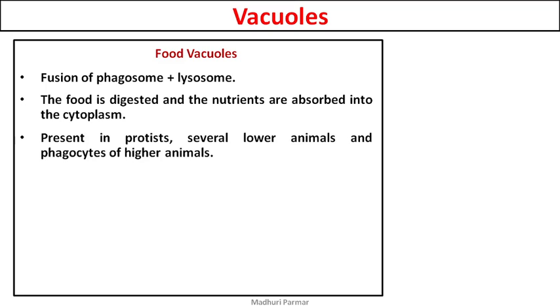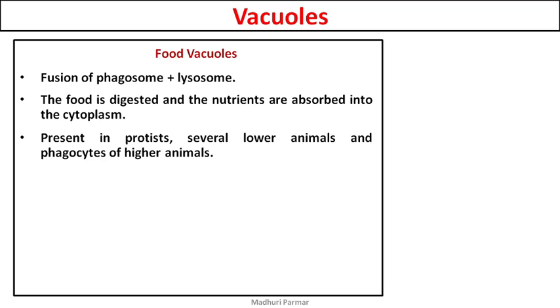It is present in protists, several lower animals, and phagocytes of higher animals. You see it in phagocytes, which are the different kinds of WBCs you find in your blood as well as in different organs.